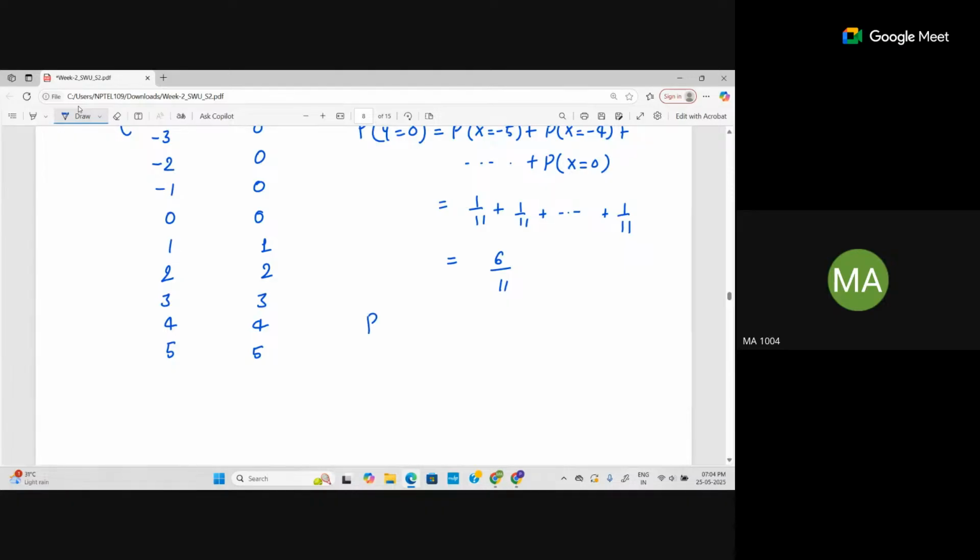And now for the rest of the cases, y equal to 1 by 11. When y equals 1, this equals y equals 2. I'm just writing it so that no one gets confused about how we have calculated it. All these probabilities will be the same.